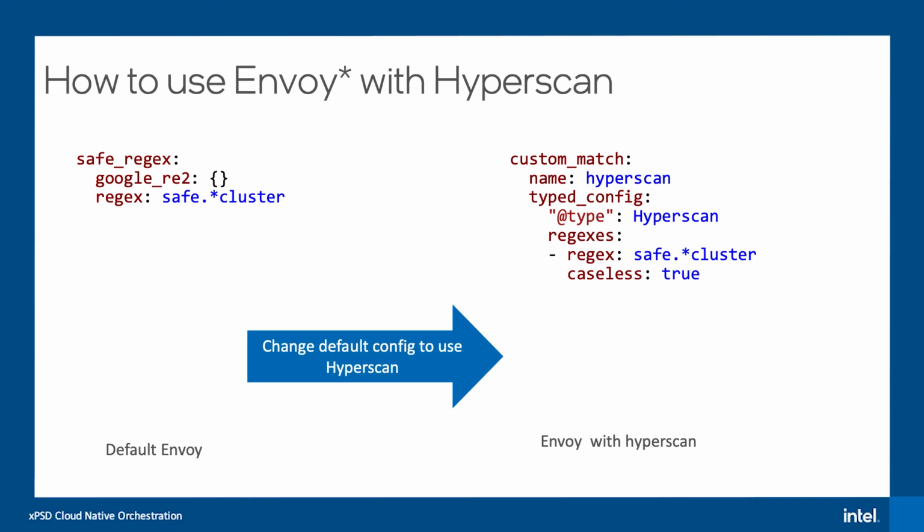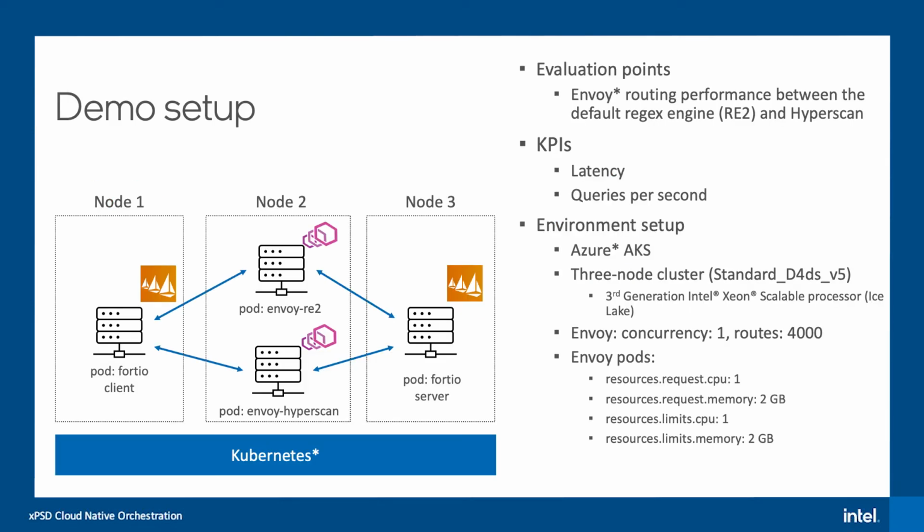And we'll take a look at the demo setup, how we're going to demonstrate the performance gain of the Hyperscan library. The demo setup is the following. We have an Azure Kubernetes cluster with 3 nodes. All the nodes are Intel Xeon Ice Lake instances, Standard D4s, which have 4 CPUs. We use the Fortio benchmarking tool to generate and loop back the HTTP traffic.